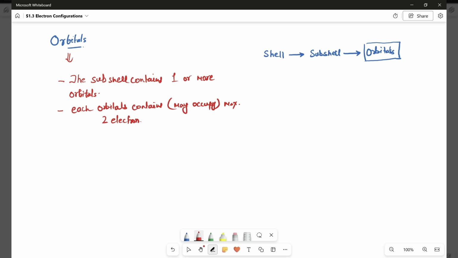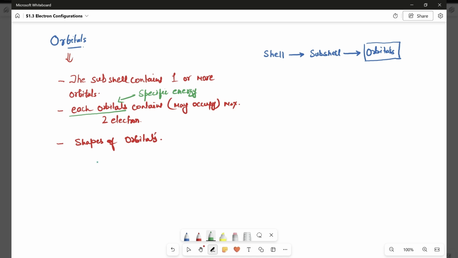And there are shapes. If I'm going to talk about the shapes of orbitals, right? We have multiple shapes. Before that, let me tell you, each orbital has a specific energy level. So the electrons which are present in these orbitals have a fixed energy.